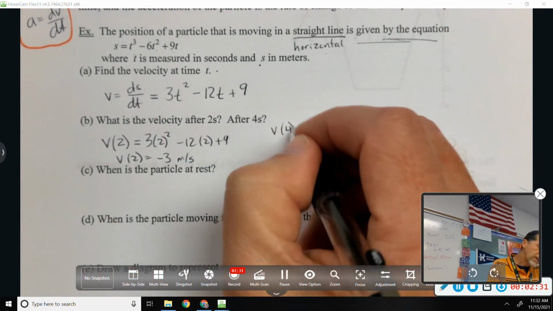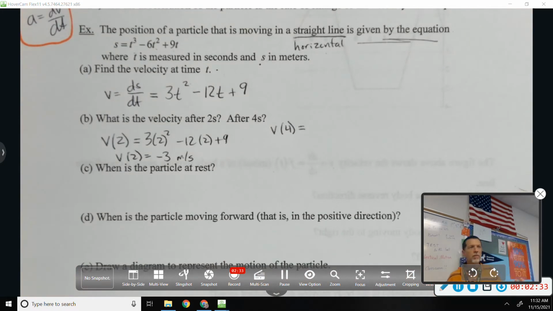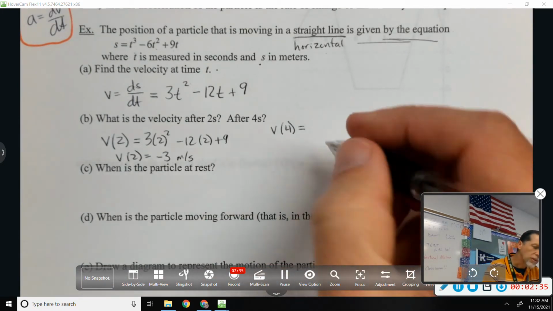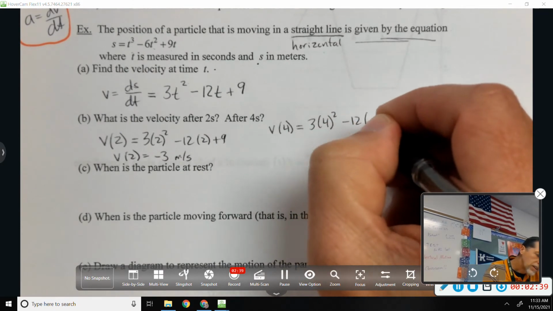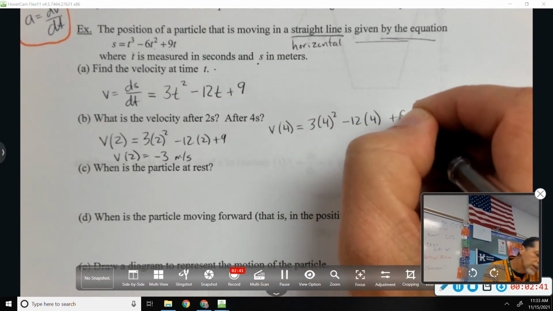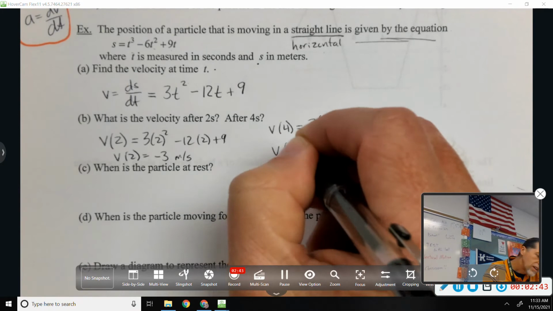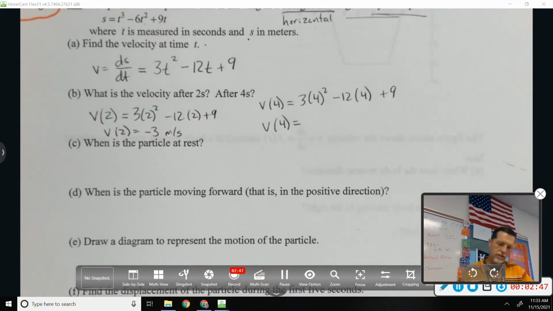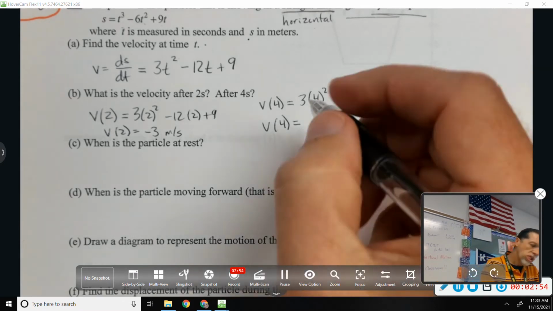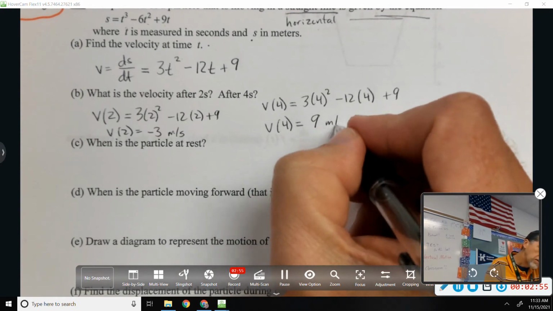After 4 seconds. Same thing, plug in 4. I mean, not the same answer, but the same process. 3 times 4 squared minus 12 times 4 plus 9. Use the calculator. 9 meters per second.